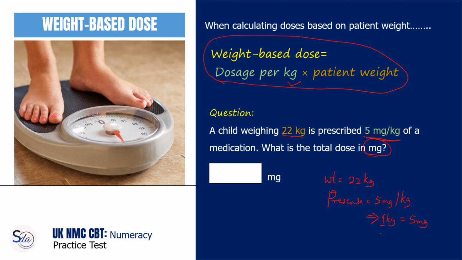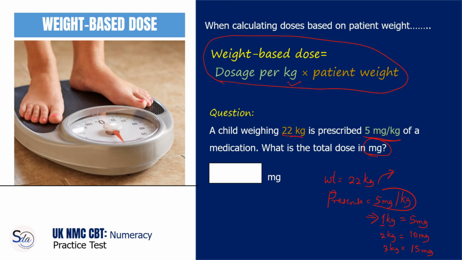So if the patient weighs 2 kilogram, that patient is double of this, should be given 10 milligram. If the patient weighs 3 kilogram, that patient will have 15 milligram. On and on it goes. But the question is, this patient weighs 22. How many milligram would that medication be?